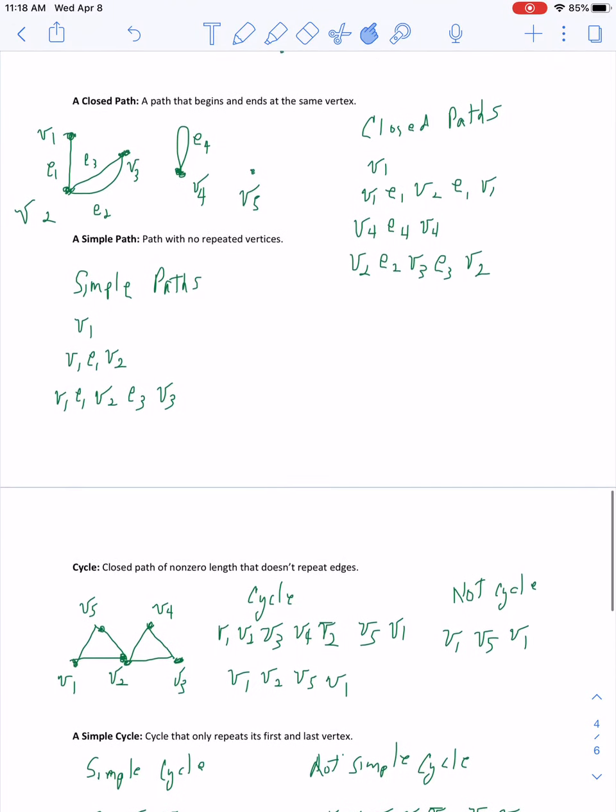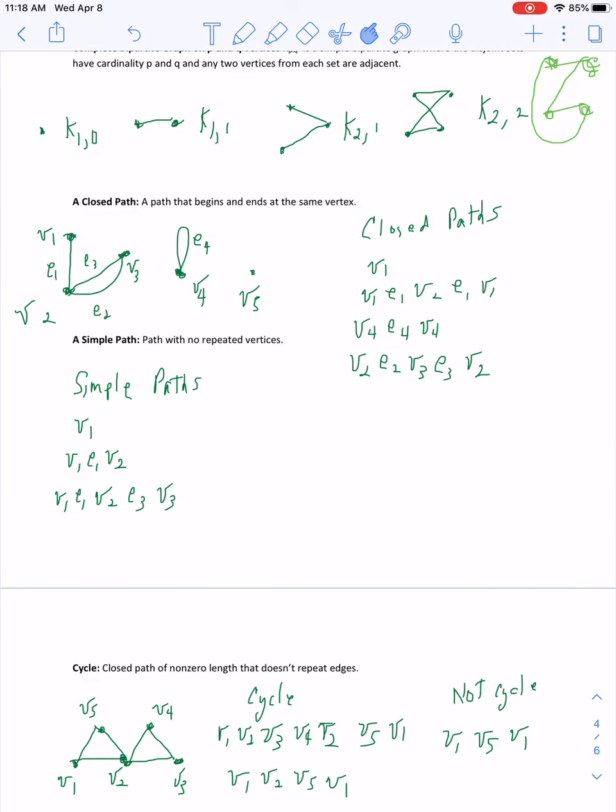Now let's talk about closed paths. So what's a closed path? It's any path that begins and ends at the same vertex. So if I consider this my graph, here are some closed paths. Just the vertex V1, that's a closed path. It begins at V1 and ends at V1.